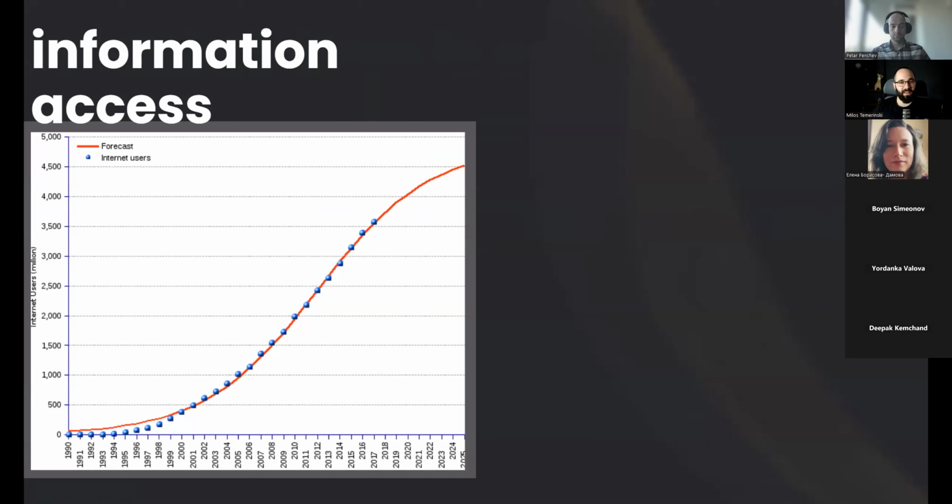Now, the first idea here is the idea of gatekeeping. In the past, obviously, where the books were, that's where the knowledge was, and only people who had access to those books had access to knowledge. And of course, not many people could read. However, today we have internet and it has been expanding rapidly, and everybody now has access to information. So lack of information is no longer the problem.